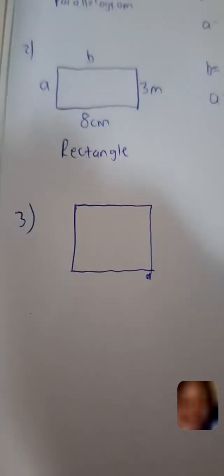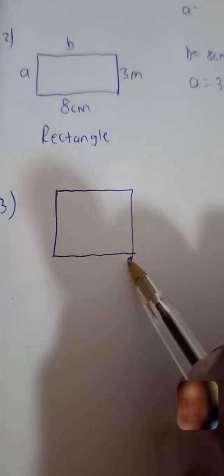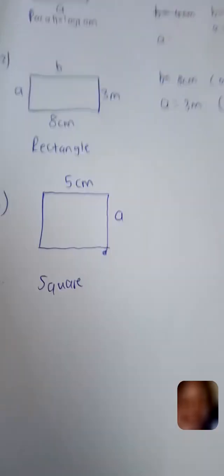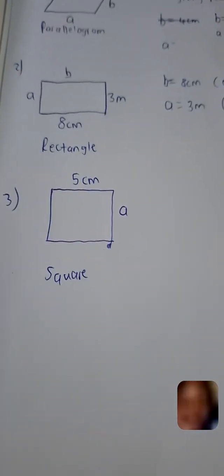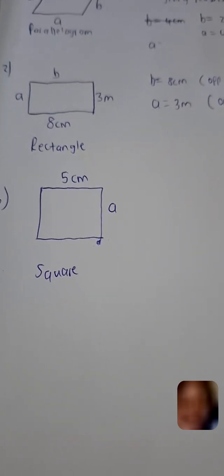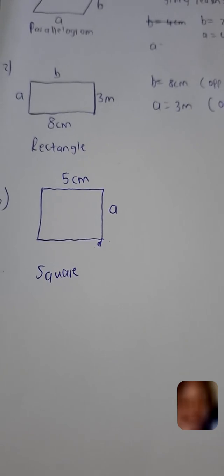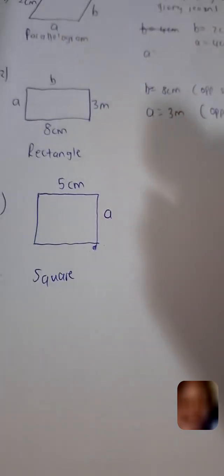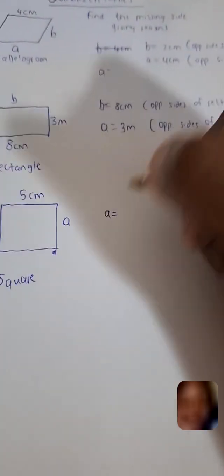Okay. Excuse my error there, but this one is a square and we are given 5 centimeters there, and then we are asked to find the length of A. So what would you say? A is going to be 5 centimeters. Okay, reason?